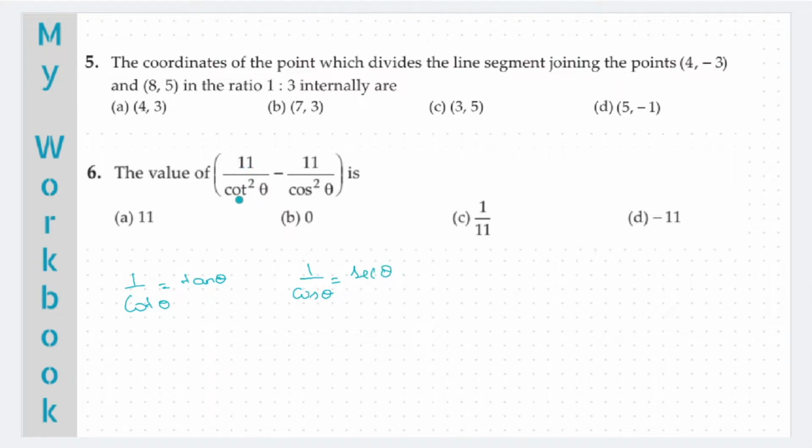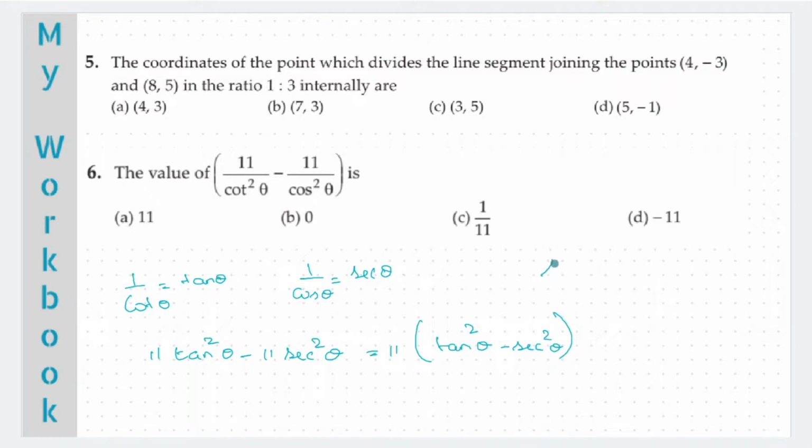So 1 by cot square theta can be written as tan square theta and 1 by cos square theta will be written as secant square theta. Pulling out 11 as common, we'll get tan square theta minus secant square theta.